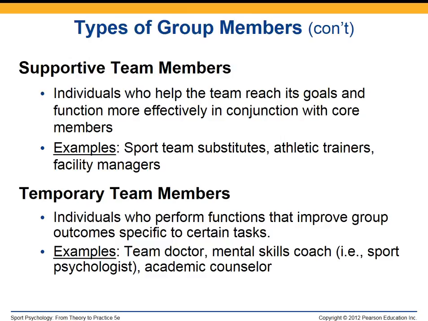These are the individuals who help the team reach goals and help the team function more effectively, in addition to whoever the core members are. So these are what Jill Ellis would refer to on the women's national team as the game changers, or maybe commonly referred to as the substitutes or bench warmers. Athletic trainers, facility managers would also be considered a supportive team member.